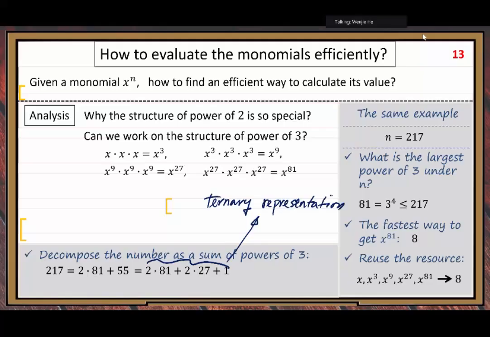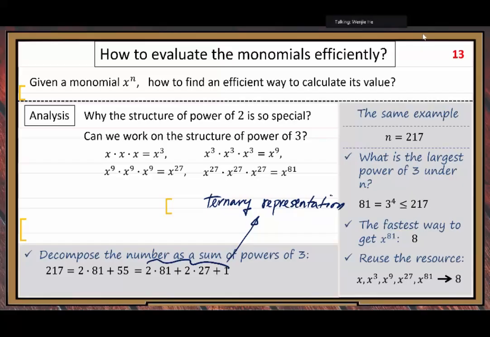See, that's the analogy part. In our ternary representation, the largest coefficient we can use is 2, which is 1 less than the base number. Base number is 3. So the largest coefficient we can use is 2.